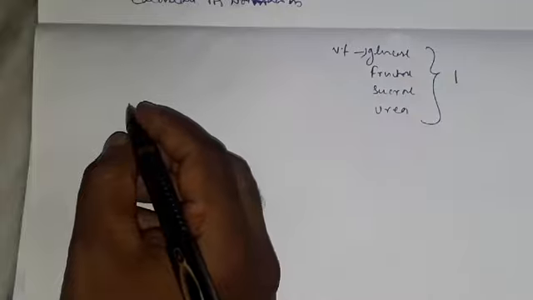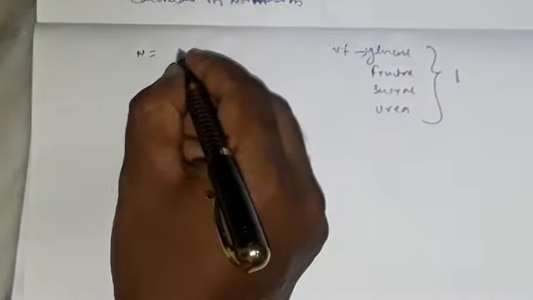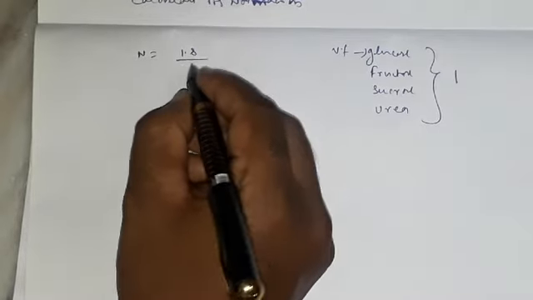For glucose, fructose, sucrose, urea, the valency factor is 1. So normality equal to 1.8 by equivalent weight.